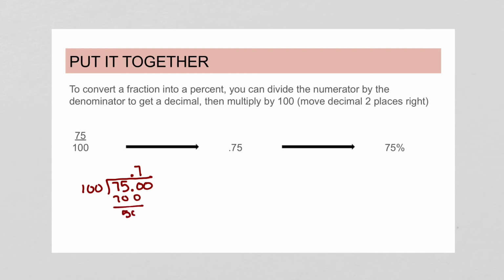That leaves me with 50. Bring down a copy of my 0. It's 5. Well, that indeed does match what I anticipated. And then I know that I can take my 0.75 to finish this process and multiply it by 100. Move it over to get my new decimal point, which is going to be at the end of it, which does indeed give me what I anticipated, 75%.